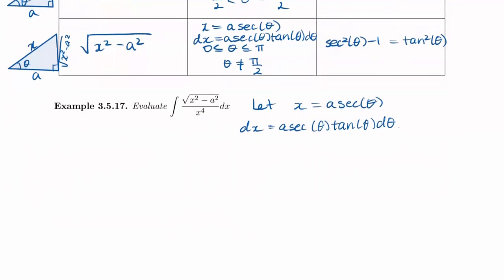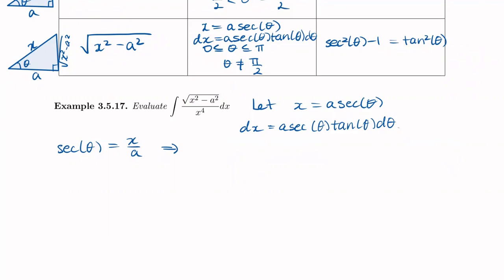So secant theta is x divided by a. If I want to make a substitution for this one, I could use either the sine ratio, or I could also use the tan ratio.